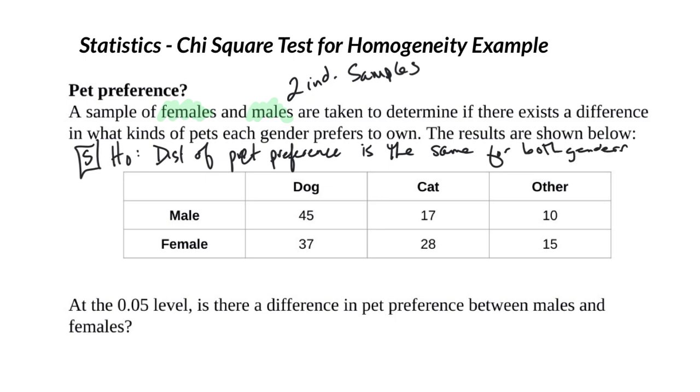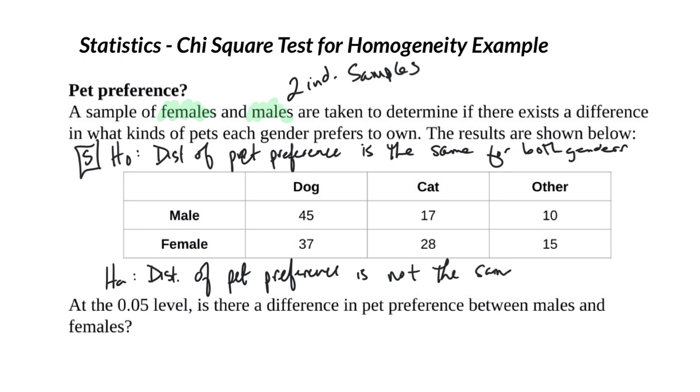And therefore the alternative is that the distribution of pet preference is not the same. Okay, so that would be our state step.